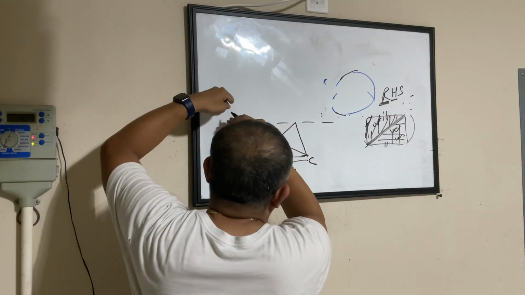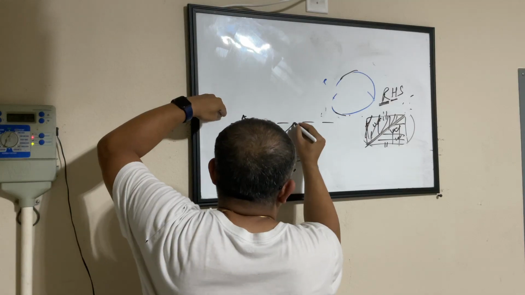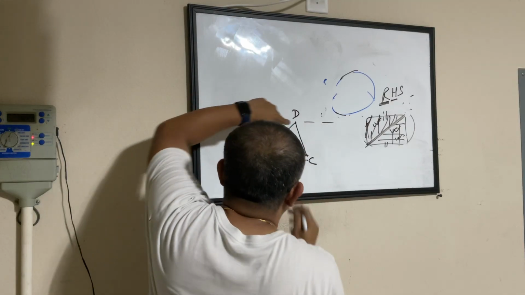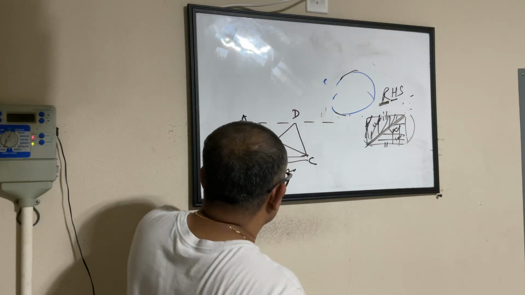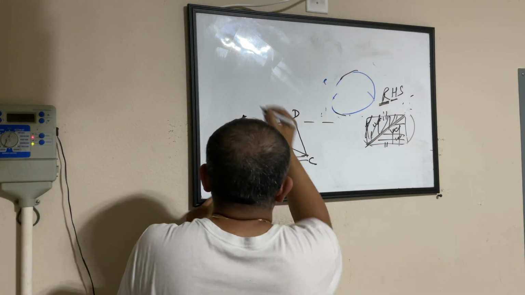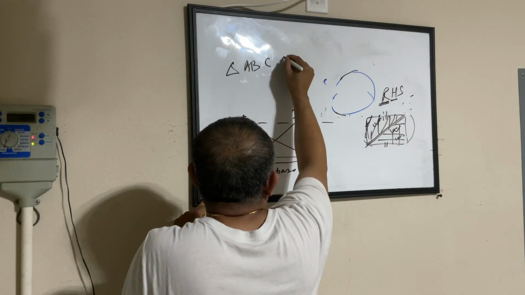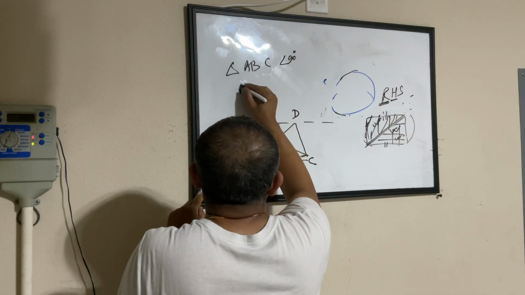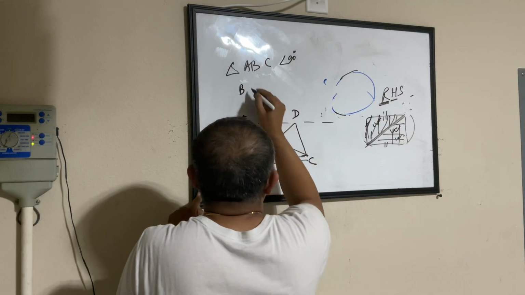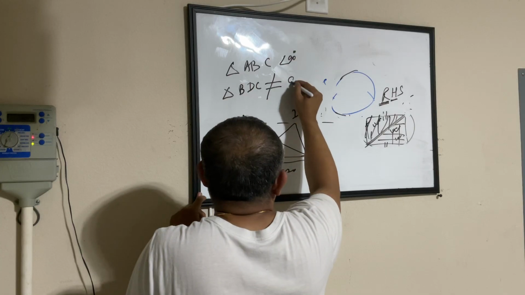I have drawn a parallel line to this line crossing A, and I pick a point D on this parallel line, and join these two points. So I have two triangles, triangle ABC, which is a right angle triangle, and triangle BDC, which is not a right angle triangle.